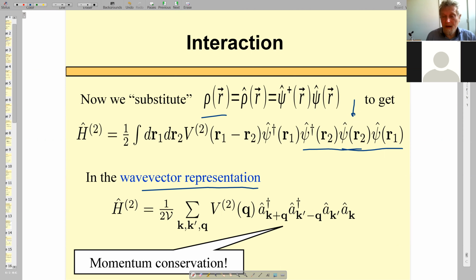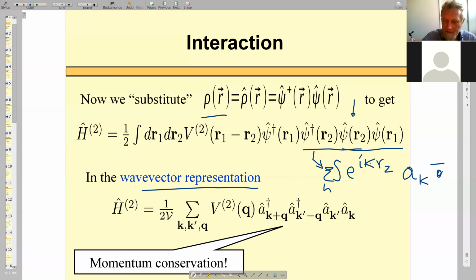Fine, good. So I want to go from coordinate representation to wave vector representation. In this case, I need to substitute for each field operator its expression in terms of the operator a_k, let me take this one, with a summation over k.